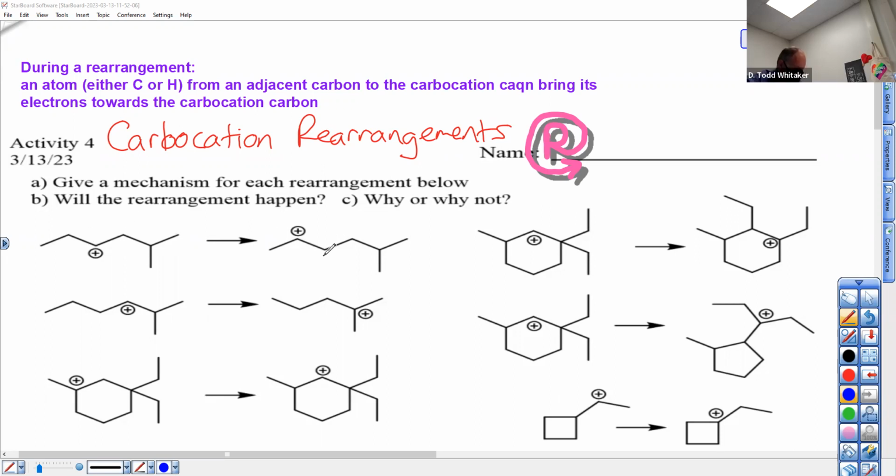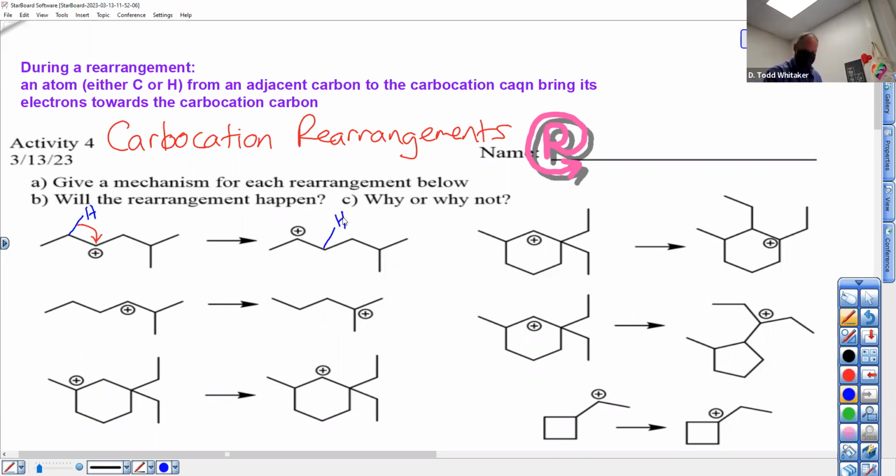Moved from here to there. Show it like this. Draw the H. And look, it followed the rules of arrows. It started at a sigma bond and ended at a carbon atom. And you want to see the H? I'm going to draw it temporarily. There it is. We don't need to show it.